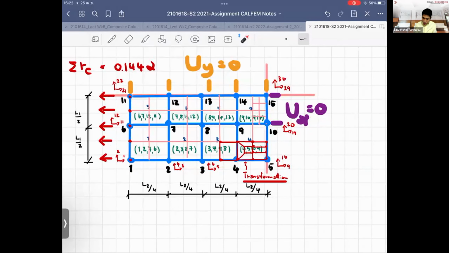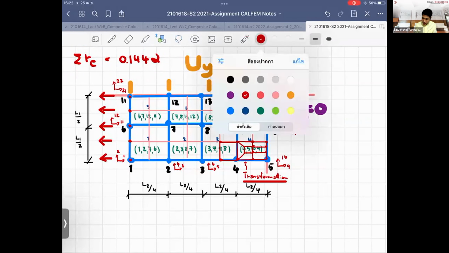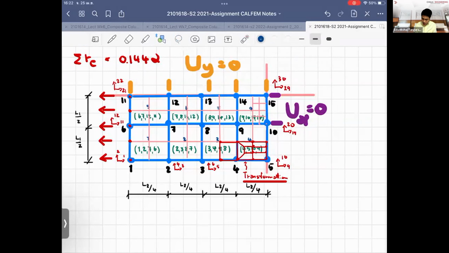We want to know the deformations at the centers here.